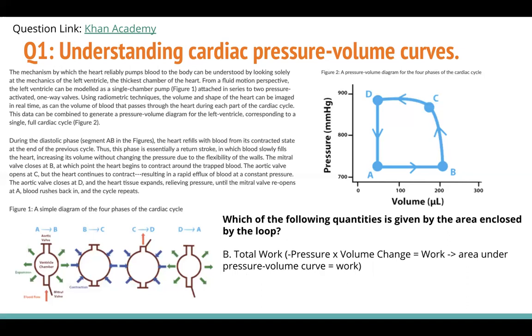The equation is just negative pressure times volume change. In the pressure volume graph, this can be shown as the area under the pressure volume curve. If you actually looked at this graph and calculated each section of the graph, you will find that the area enclosed by the loop is the work. It's a pretty simple relationship, but it is important to know.